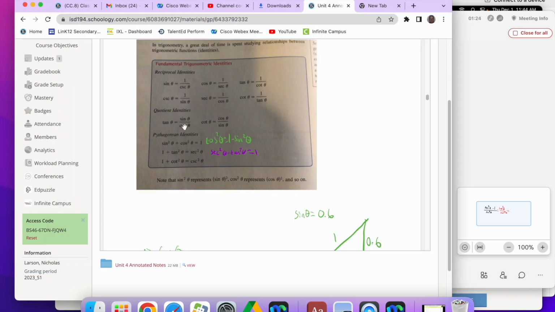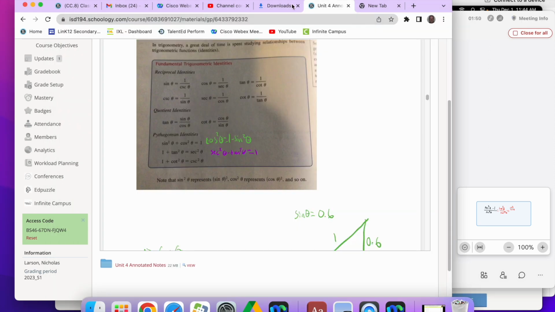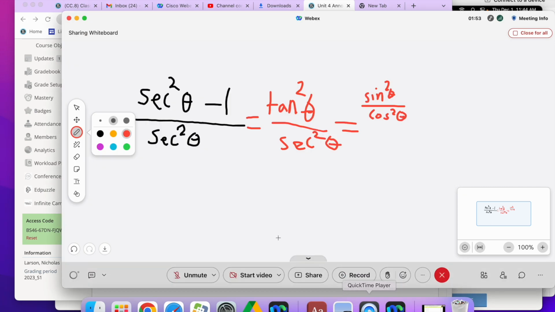So tangent I know is sine over cosine, and that's going to be on top. And again, this is technically my whole numerator. And secant squared is 1 over cosine squared. So again, as I draw, I'll get a different color for my fraction bar. And then this is going to be in my denominator, 1 over cosine squared theta.